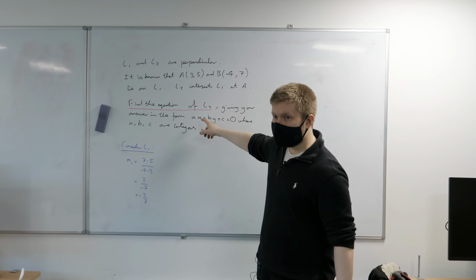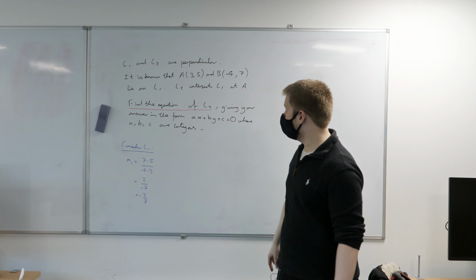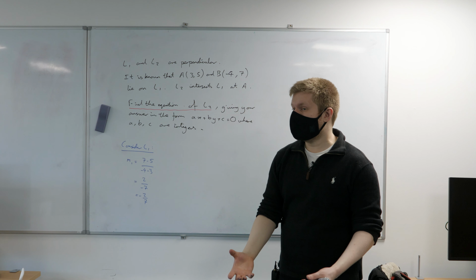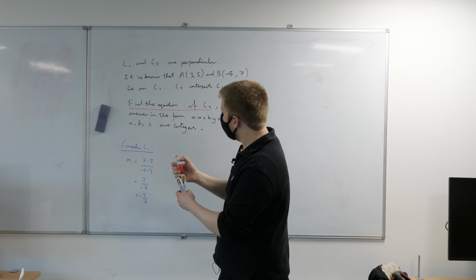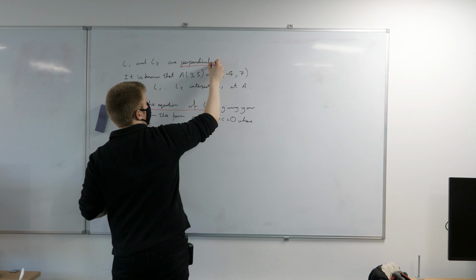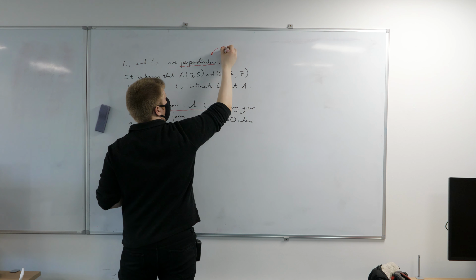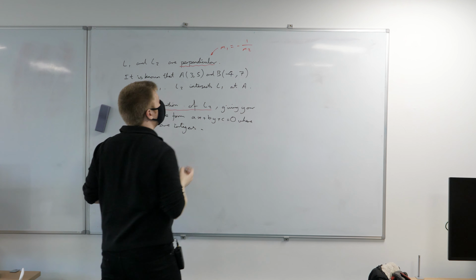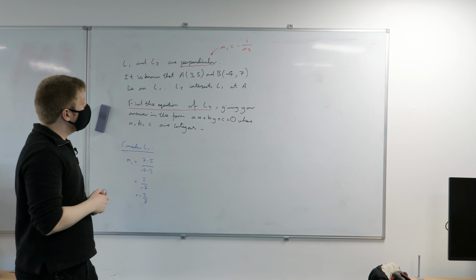Negative 7 over 2. Yeah, exactly, because all we need from line 1 to find the equation of line 2 is its gradient, because we know they are perpendicular, okay? So we know, because they are perpendicular, that m1 is going to be negative 1 over m2, just the negative reciprocal.